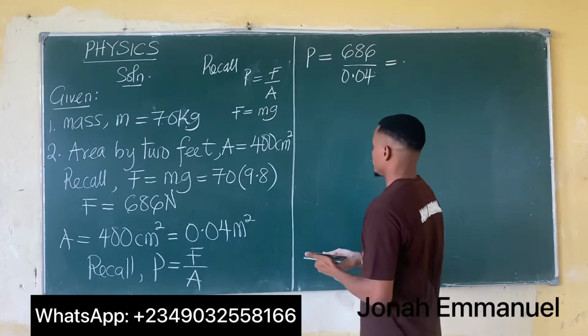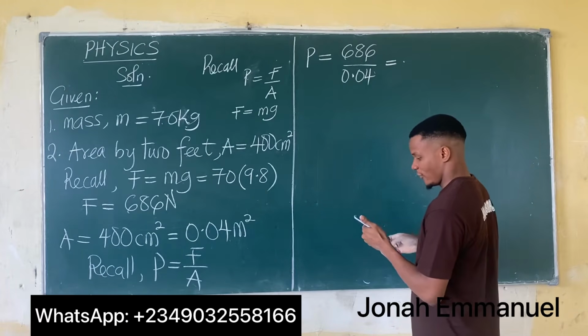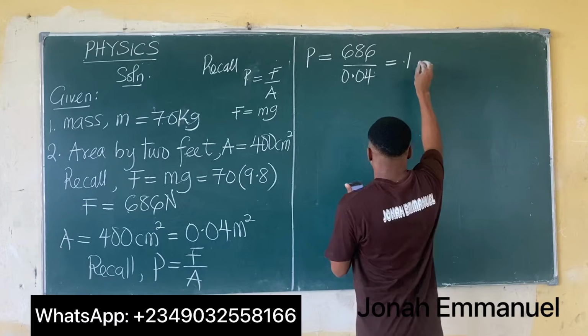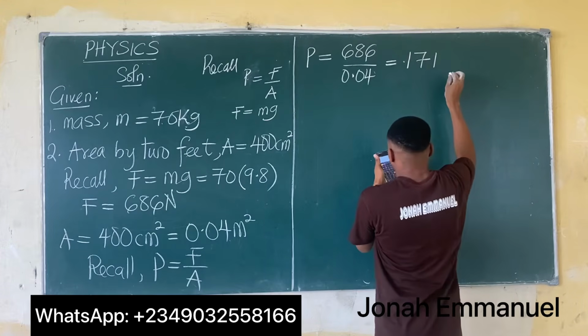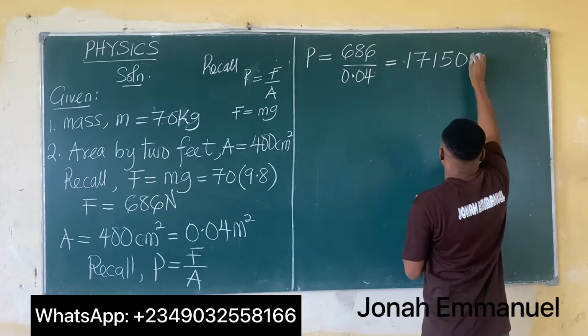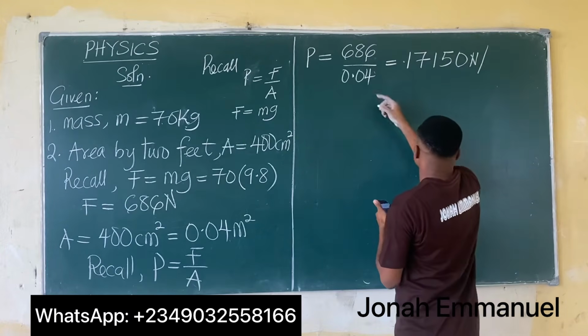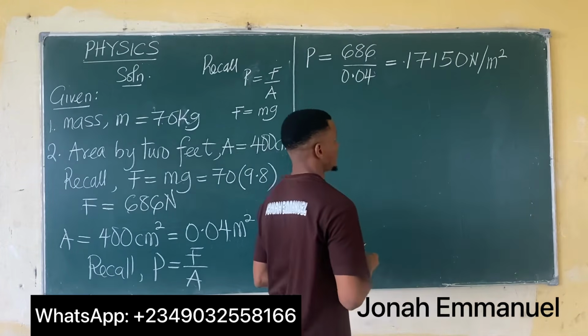That's equal to 686 over 0.04. That's about 17150. This was in Newton, all over meter squared. So I'm having this value.